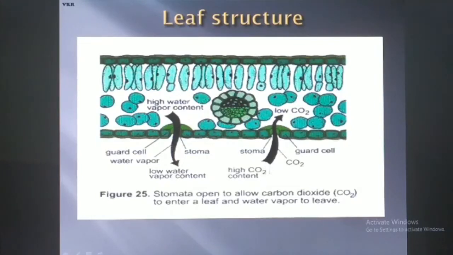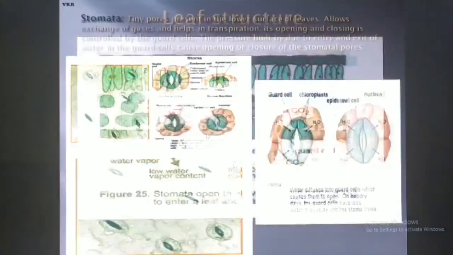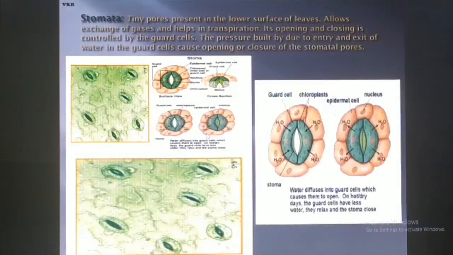So this is the movement of carbon dioxide from higher concentration to lower concentration, and the alternate opening and closing of the stomata helps in allowing carbon dioxide to move in and water vapor to leave. This leaving of water vapor and entry of carbon dioxide is done with the help of stomata. All right, so this is the relook into stomata.